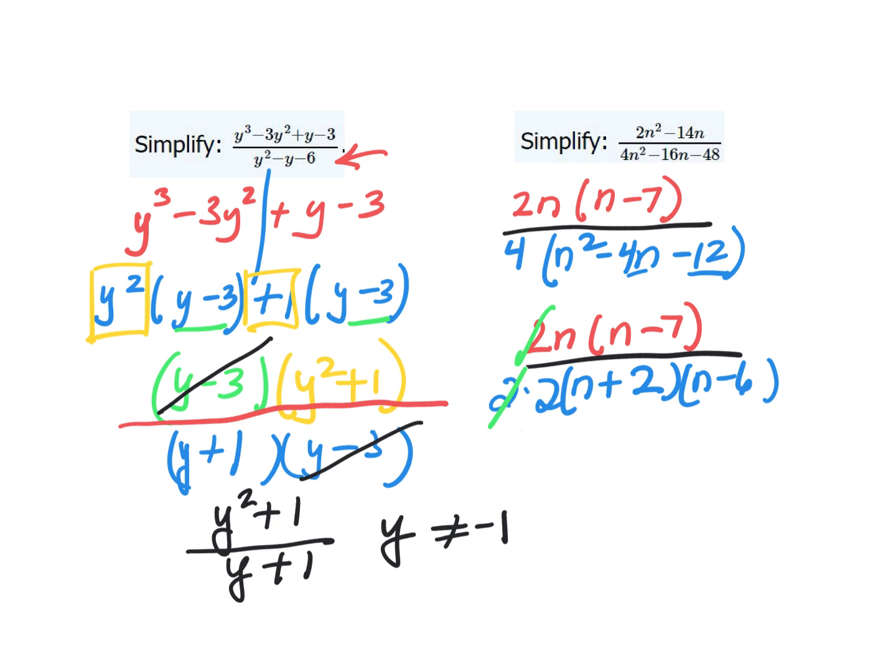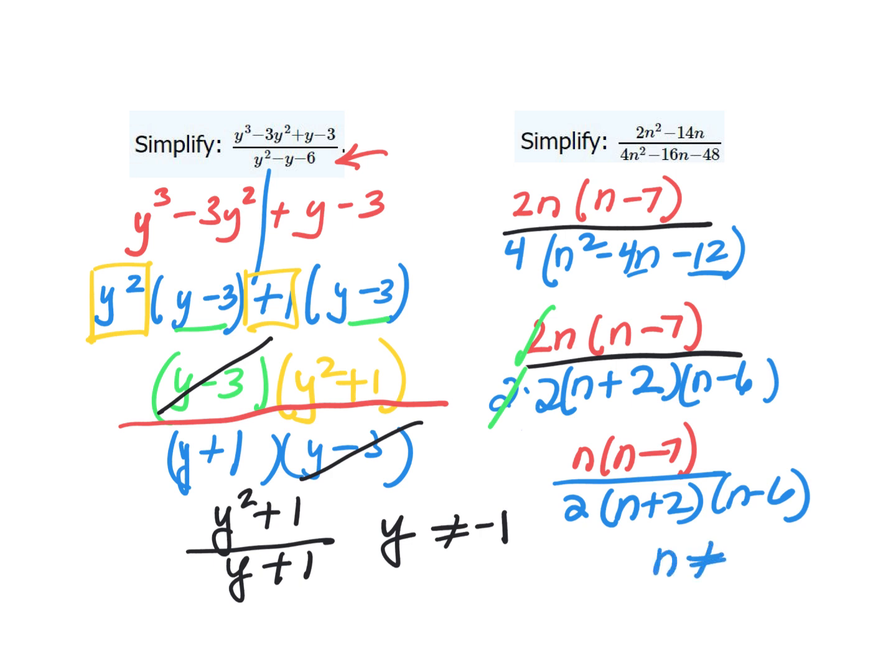In the numerator, I'm going to have n times n minus 7. In the denominator, I'm going to have 2 times n plus 2 times n minus 6. So we don't have a lot cancel with that, and that's fine. I am going to have to then say that n cannot equal negative 2, that'll produce a 0, and n cannot equal 6, that will produce a 0.